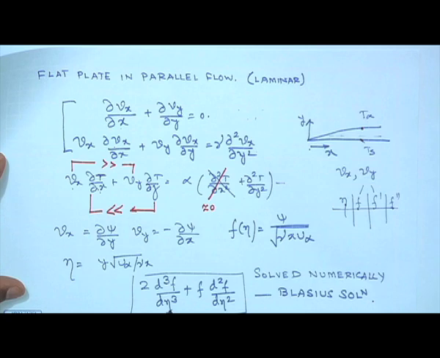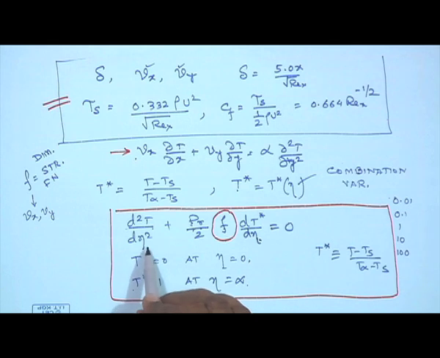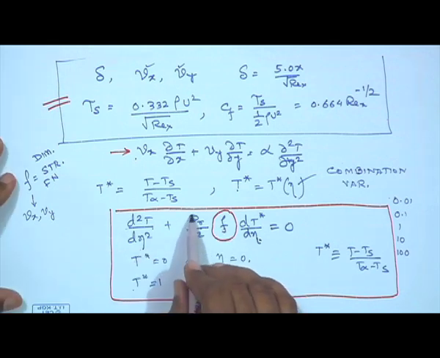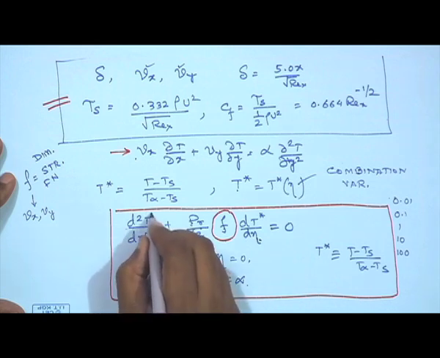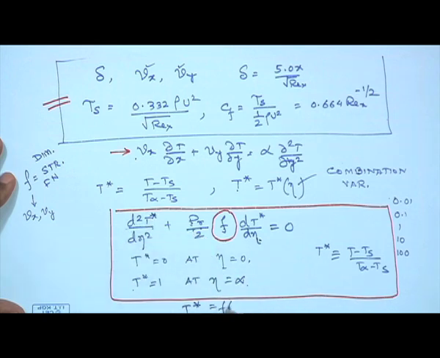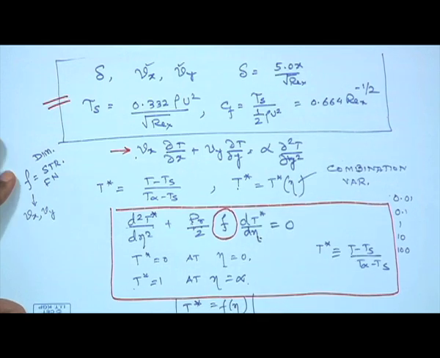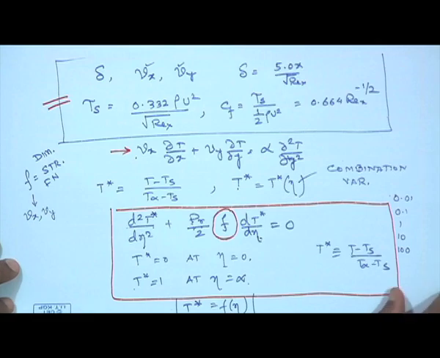For each value of eta, you know the value of f. The value of Prandtl number is already known to me. So, I should be able to solve to obtain T star as a function of eta. So, this is what I am going to do next.